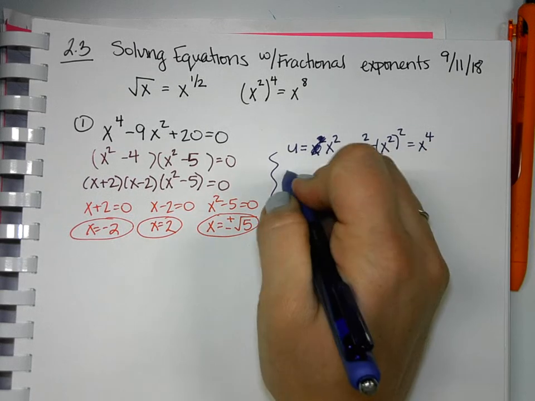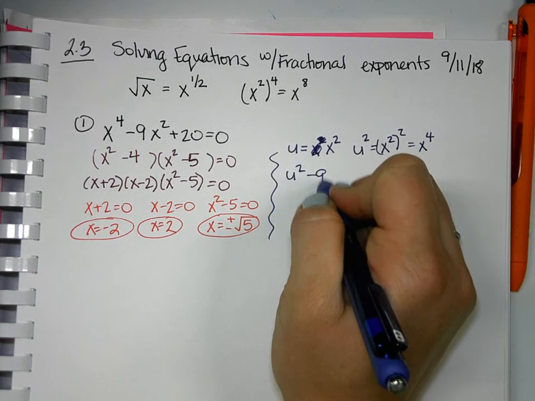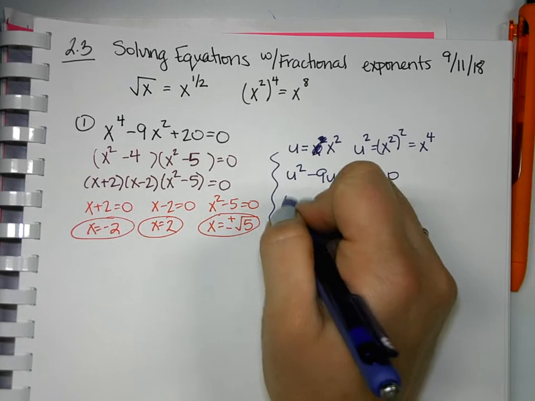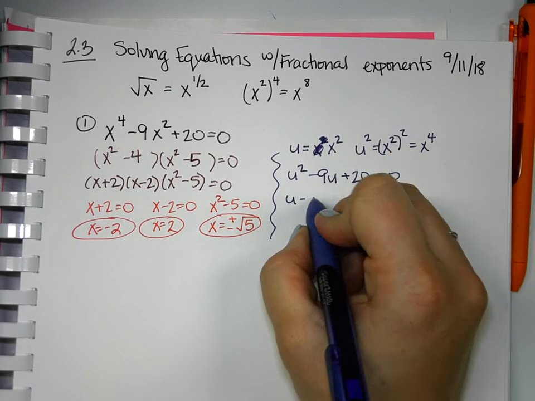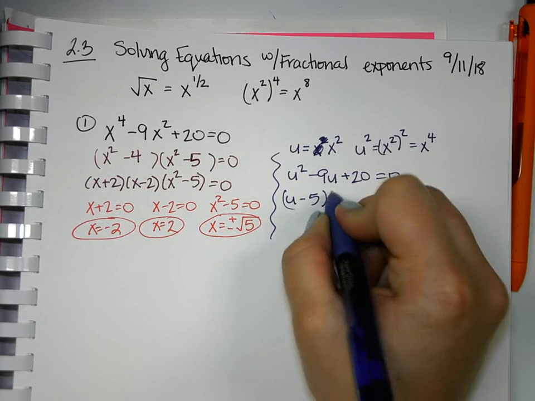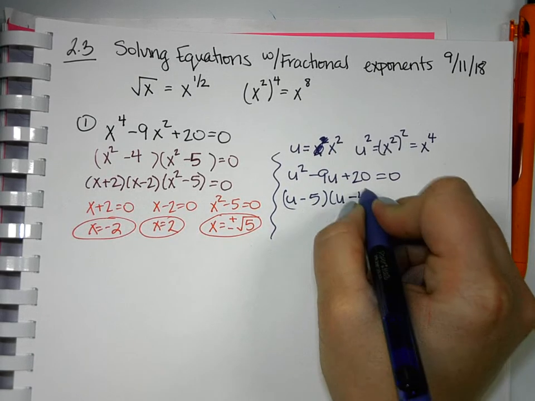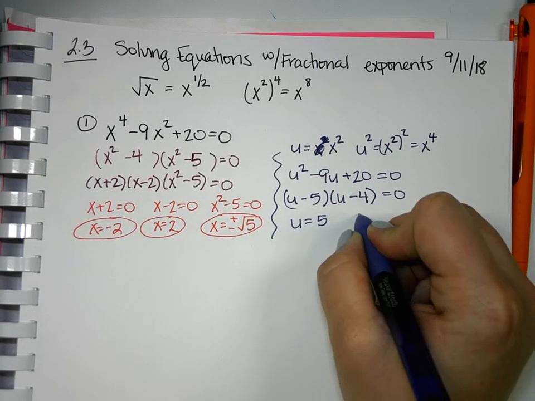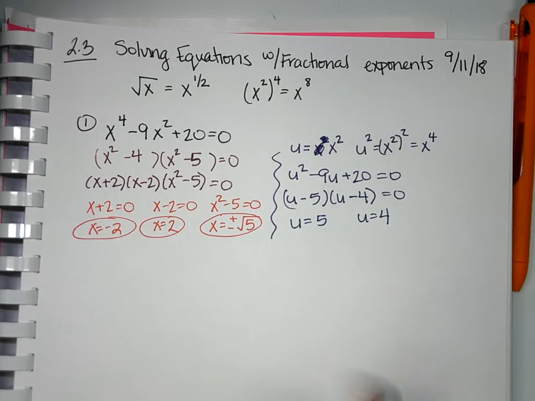So you could substitute in u squared minus 9u plus 20 equals 0, factor, and you get u minus 5 times u minus 4 equals 0. So you have u is equal to 5 and u is equal to 4 after you set them equal.